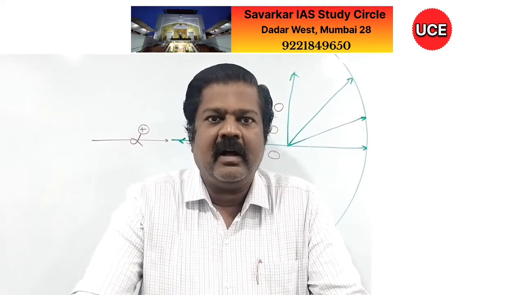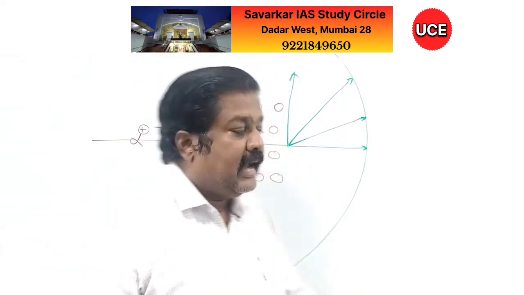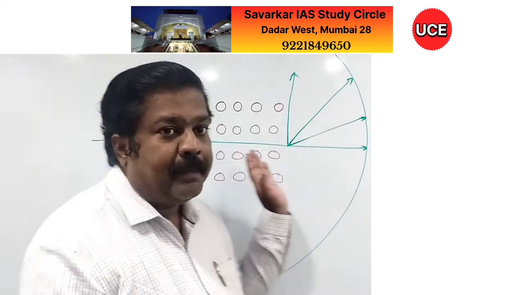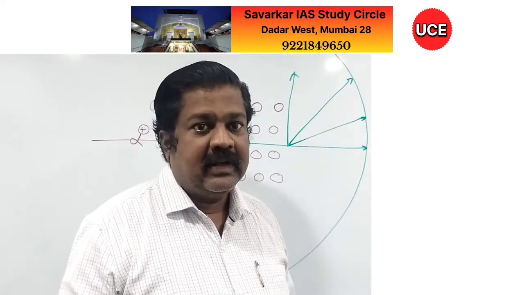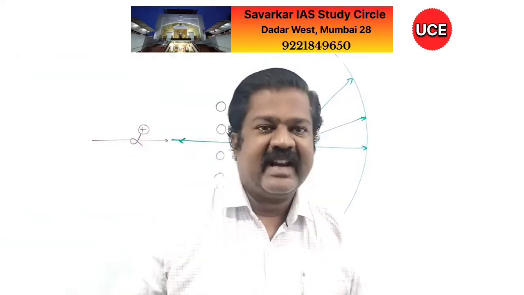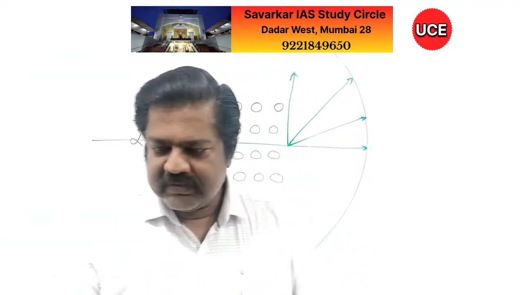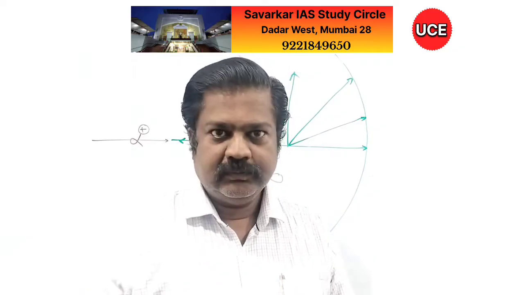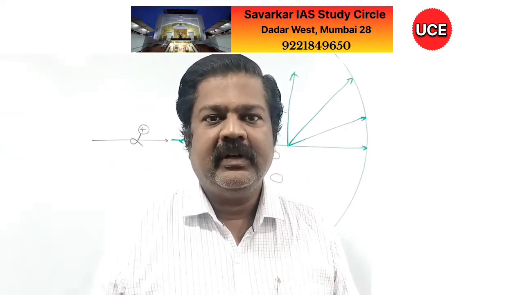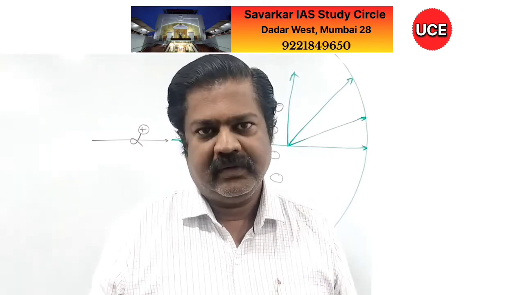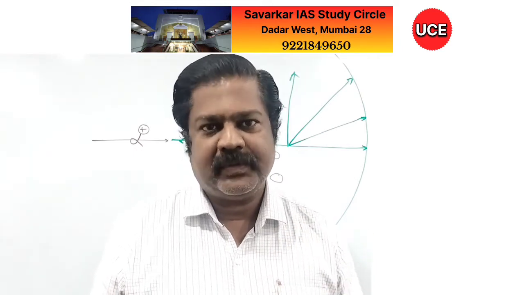On this data, actually it was expected that it would stop, but no, they get deflected by various angles and maximum traveled in a straight line. On the basis of this data, Rutherford says the atom is essentially hollow. There are two types of space.